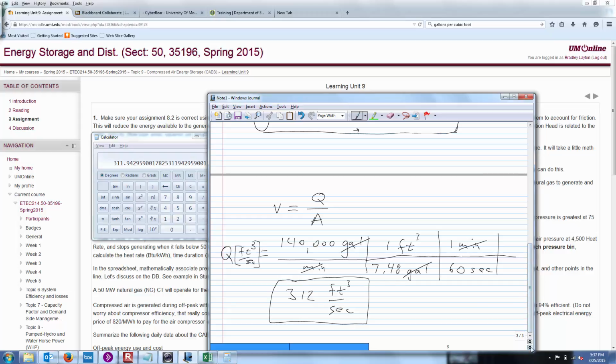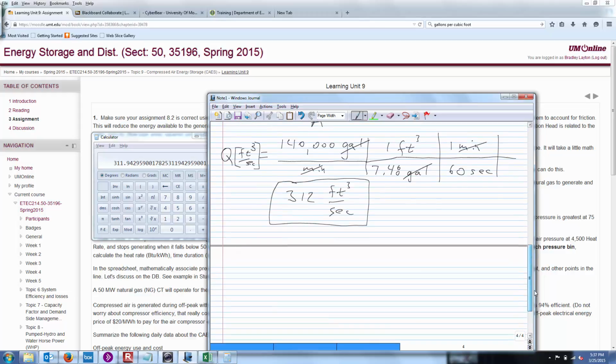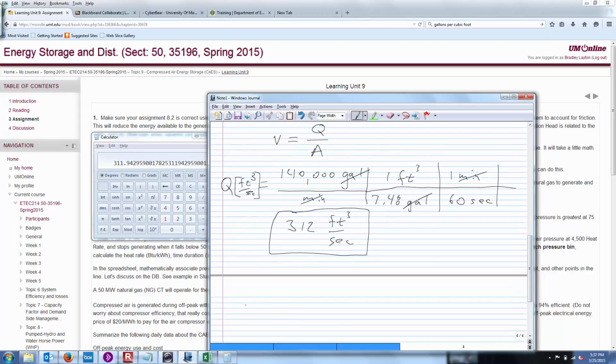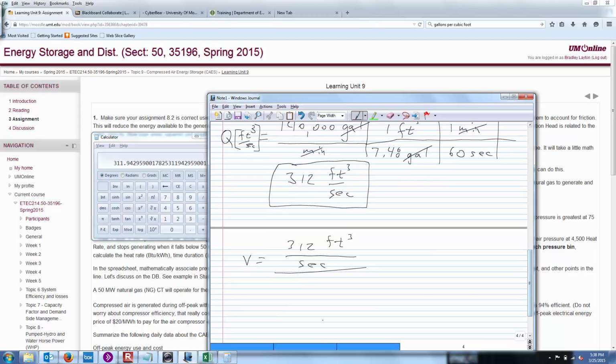Now let's go after V. V equals 312 feet cubed per second. And then we're going to divide that by our area.